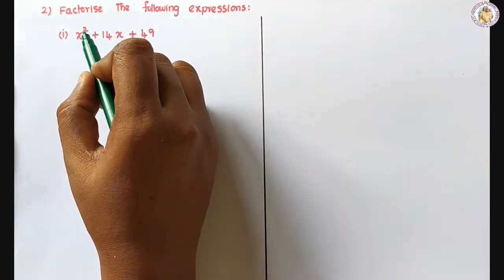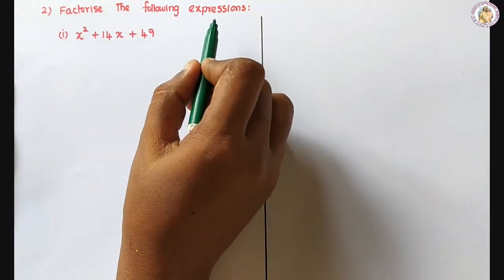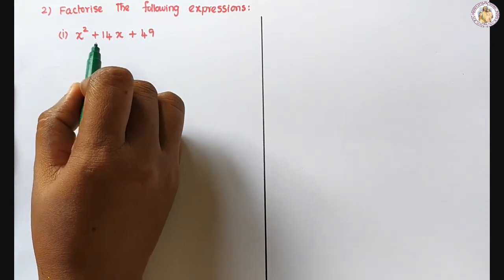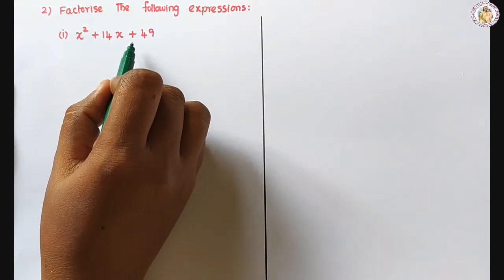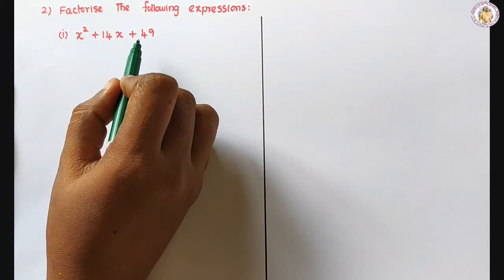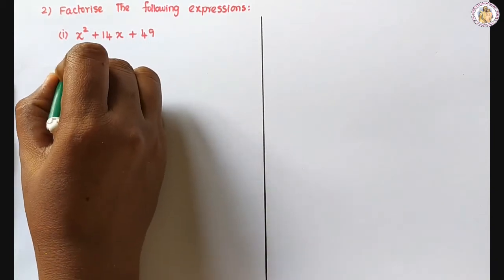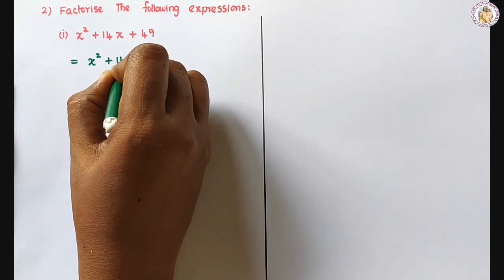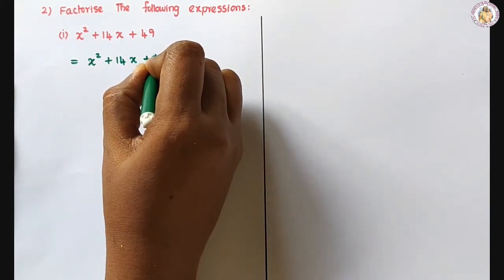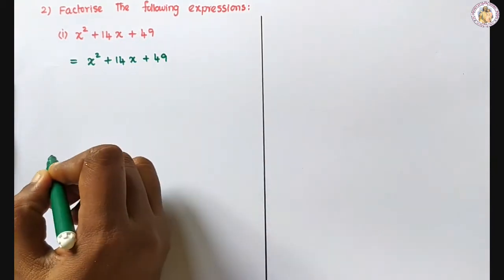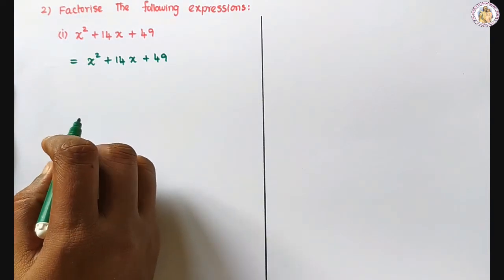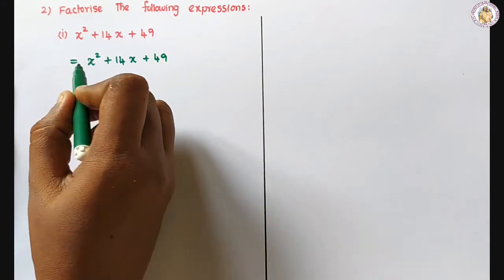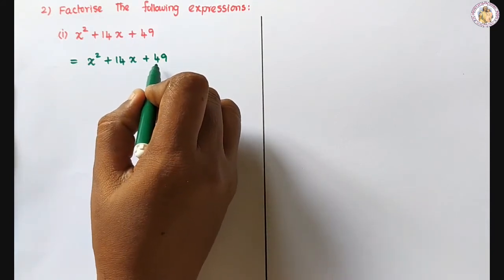Second one, factorize the following expressions. First subdivision: x squared plus 14x plus 49. Listen, x squared plus 14x plus 49. First step, see the numerical coefficient of x squared and the constant term.